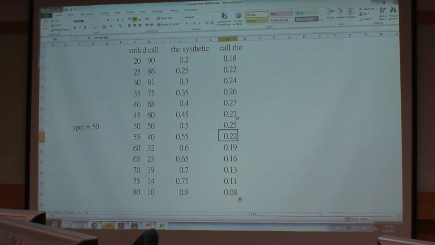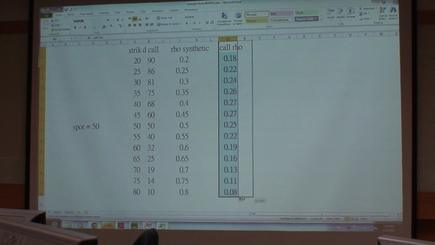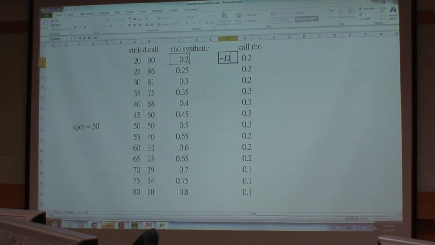And now you see my curve. So if I now add the strikes to it, I have a neat little chart.